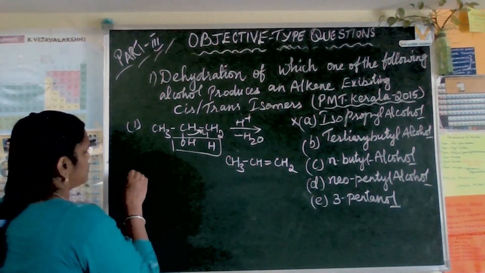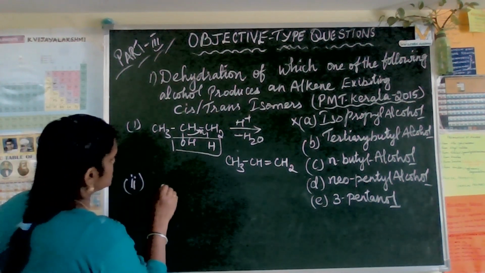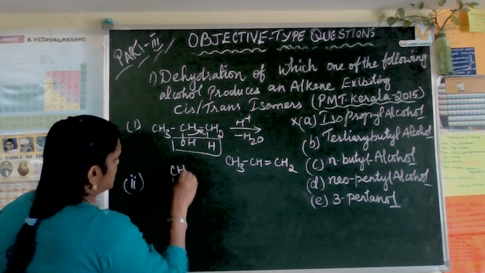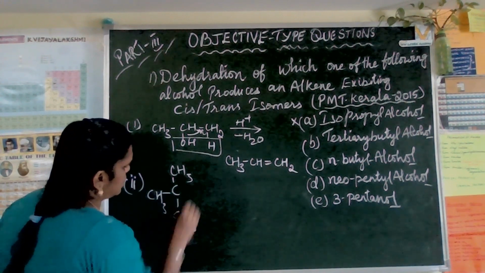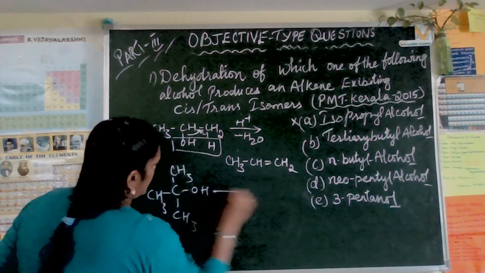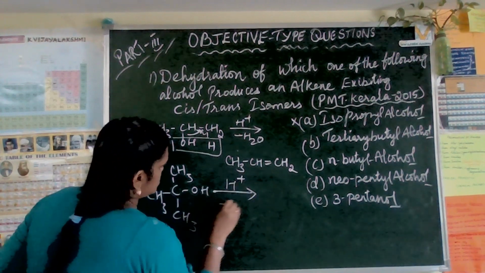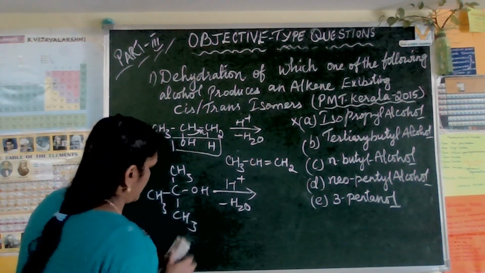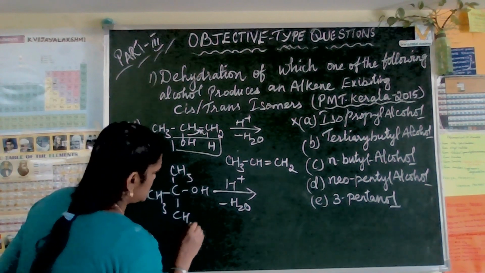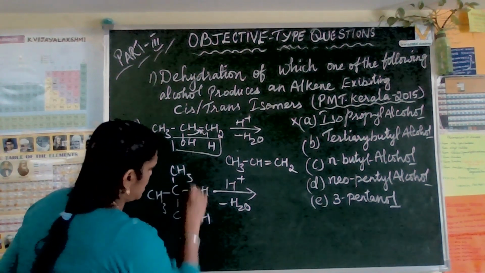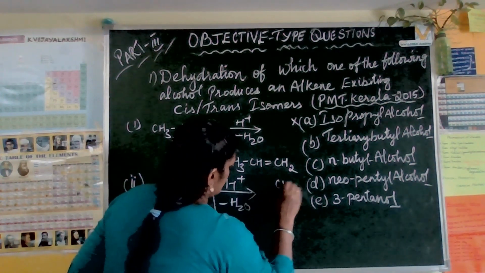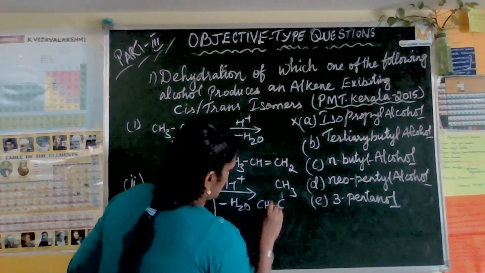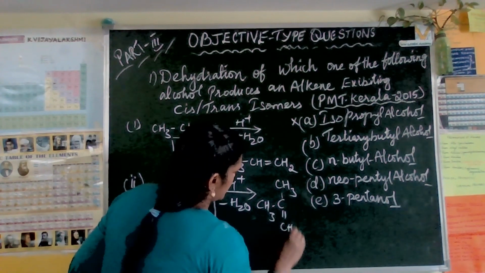The second one is tertiary butyl alcohol, which is very easy. CH3, CH3, CH3 on the carbon, with OH, and in the presence of acid, water is released. With a small rearrangement, we get the carbon with CH3, CH3, double bond CH2.